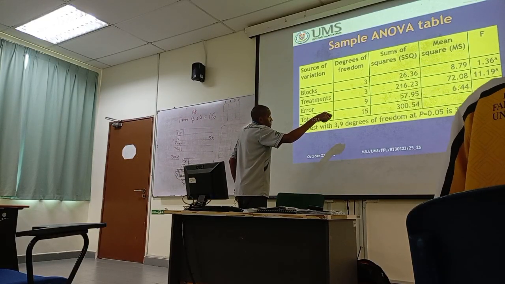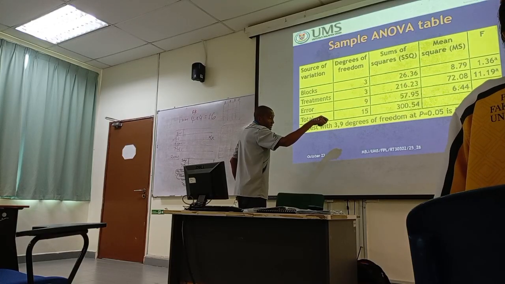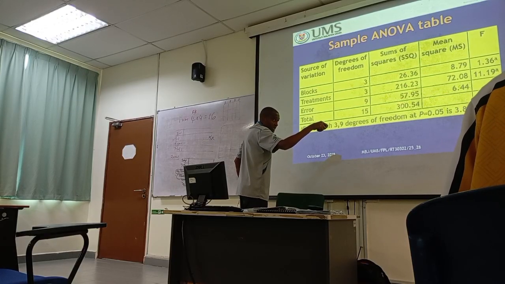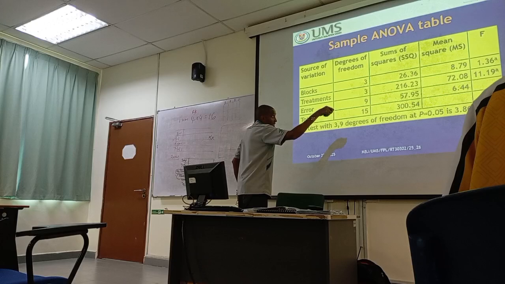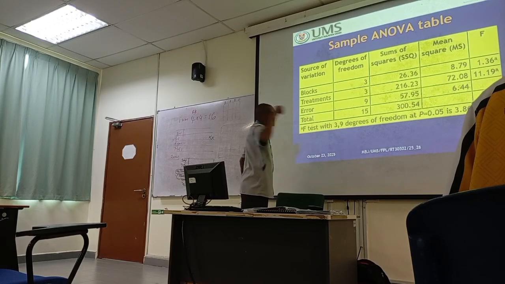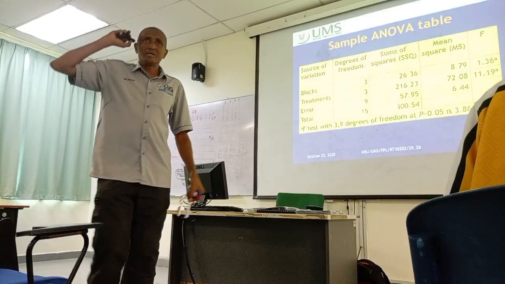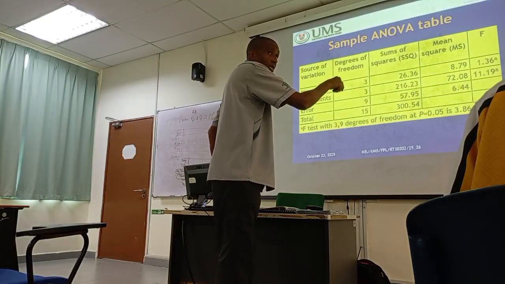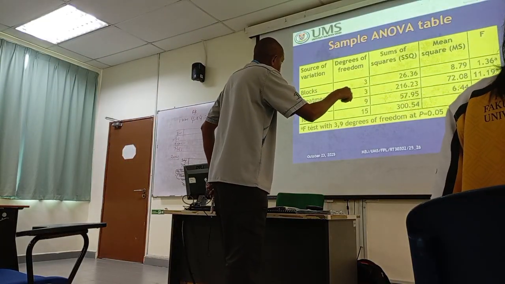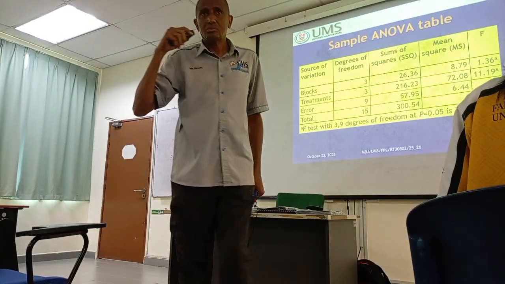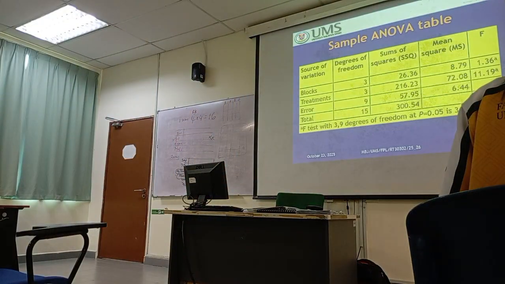Total minus treatment and block. This number minus this and minus this one will give you this answer. Right? Try your calculator. To get this answer, it is this number minus these two.